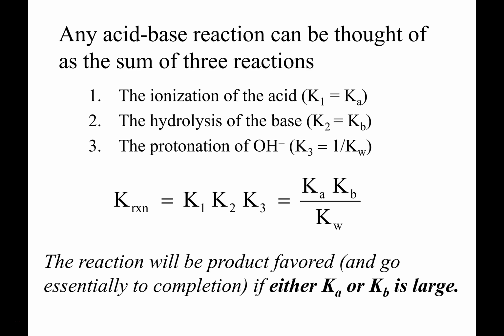Remember the other day when I said it's never going to go uphill? So in other words, you're never going to have things reacting and forming a strong acid. That's going uphill. It's not going to form a strong base. That's kind of what this is getting to.